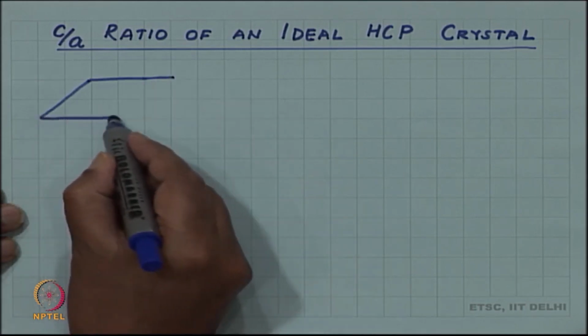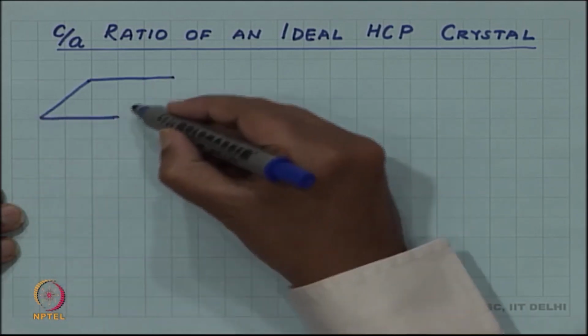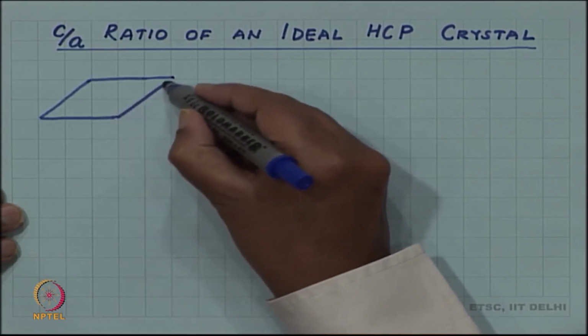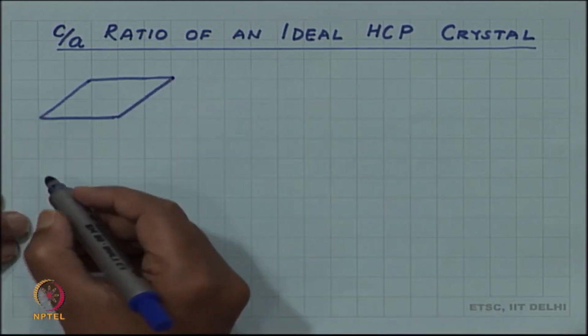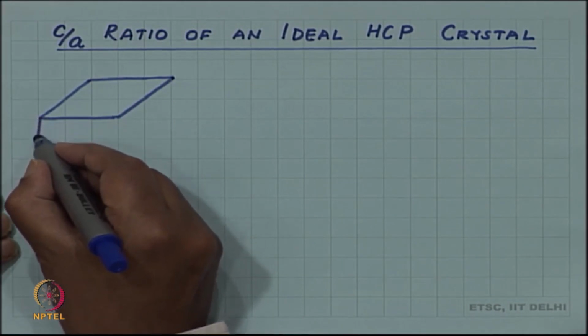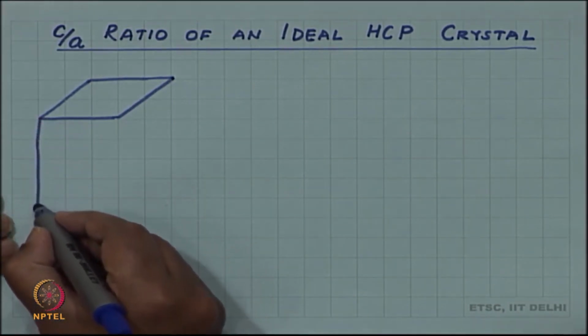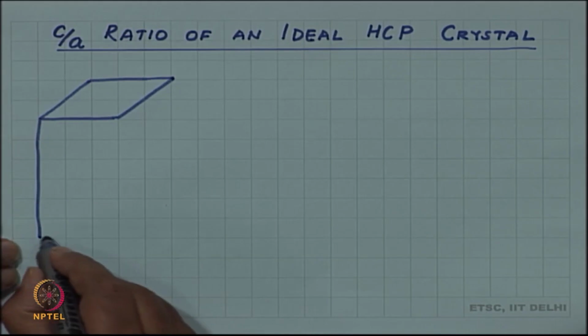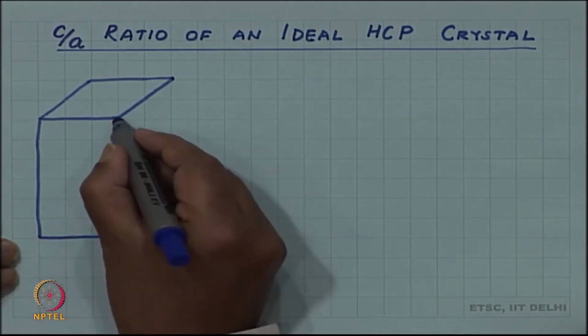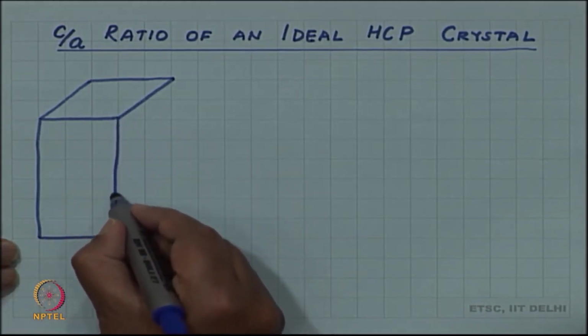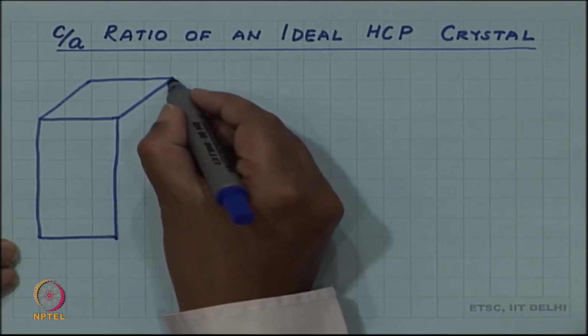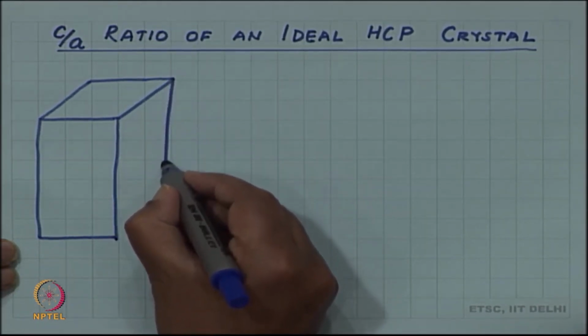is a rhombus based prism. So, the base of the hexagonal close packed crystal unit cell is a rhombus, A equal to B and gamma equal to 120 degree.